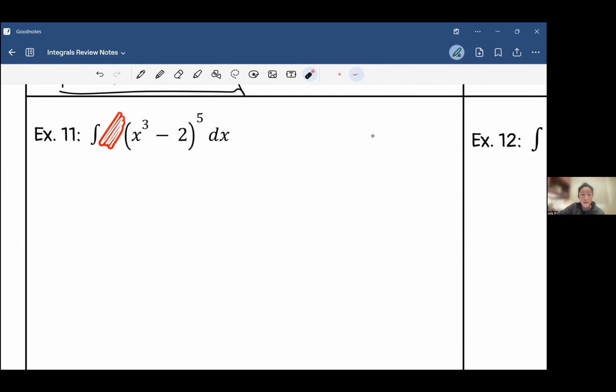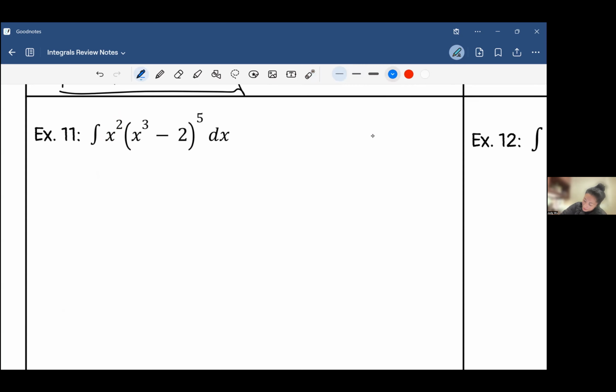If this were not here, I would have to choose a different technique. Or if this x squared was like x to the third or x to the fourth or x to the 17th, I would have to choose a different technique, okay?